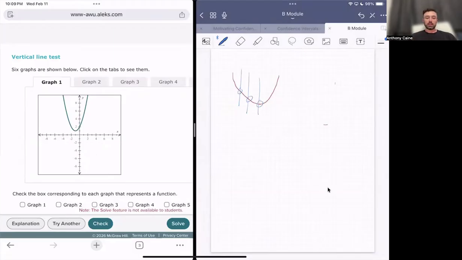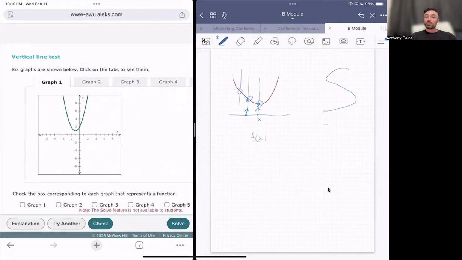That's a function. The reason it's the same idea as what I said before is what you input are x values. So when I input an x value, I look up and I'm only going to hit my graph at one spot. No matter where I stand on my x-axis, I look up, I'll only hit my function at one spot.